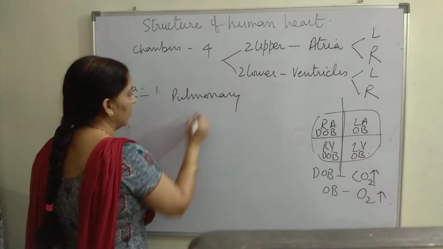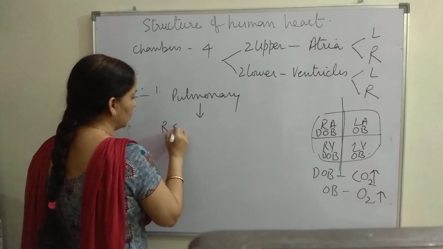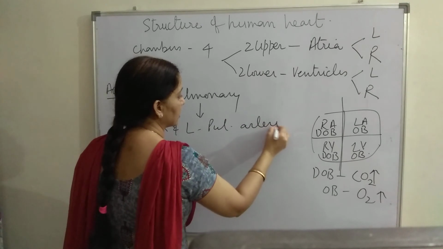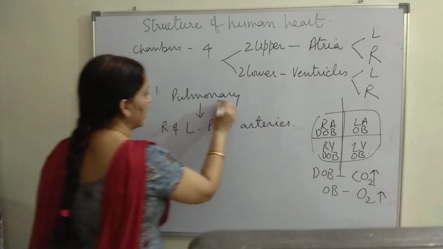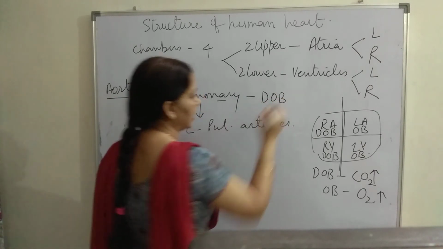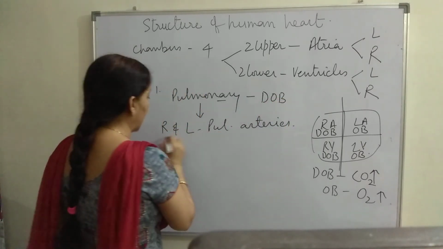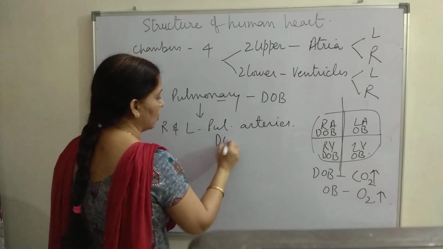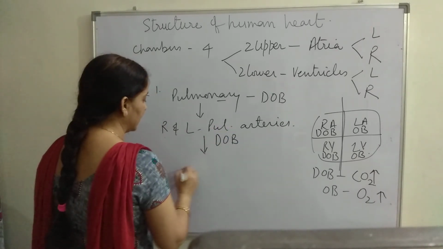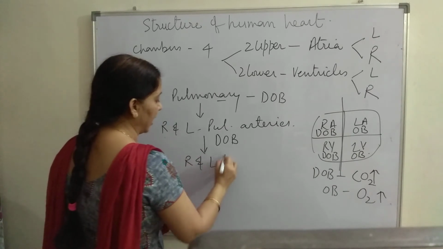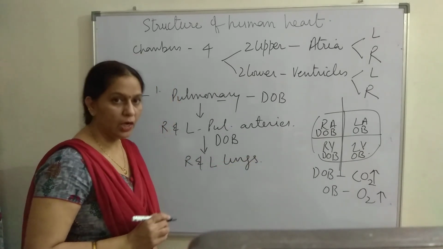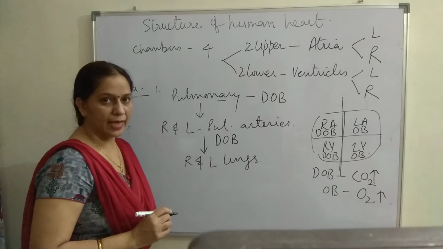pulmonary aorta, which is further divided into right and left pulmonary arteries. What is the function of the pulmonary aorta? It carries deoxygenated blood, and the right and left pulmonary arteries also carry deoxygenated blood, and this blood is carried to the right and left lungs for their purification or for the exchange of gases.